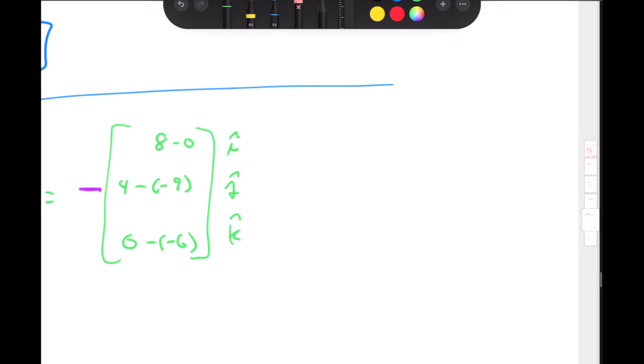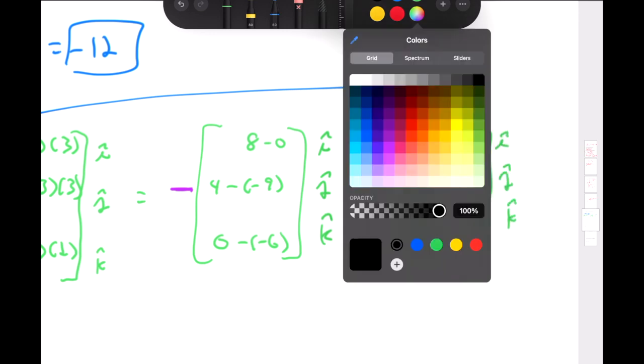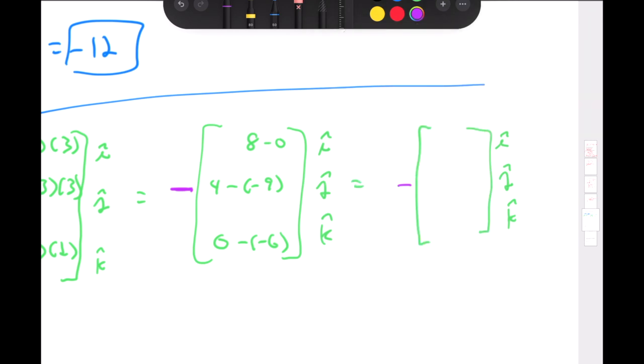Okay, so let's simplify even more. I like to make my negative sign out here purple so it stands out because it's easy to forget. All right, so we have 8. 4 minus a minus 9 is 13 because that means 4 plus 9. And then 0 minus a minus 6 is plus 6.